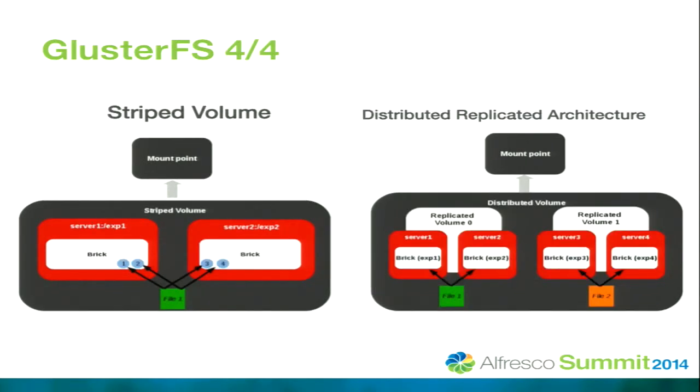It allows you to stripe your volume into many bricks, not only two, and you can even combine them, so you can have distributed, replicated, distributed striped, or replicated striped bricks, etc.